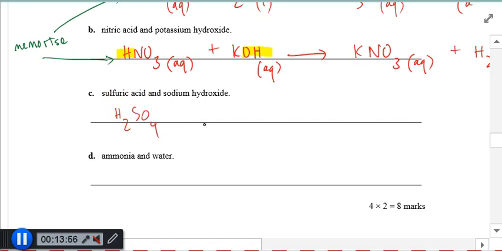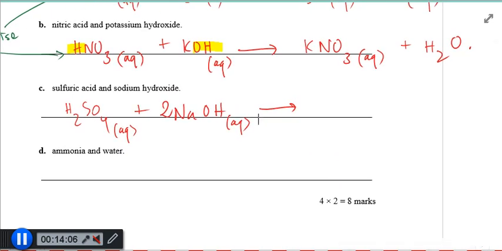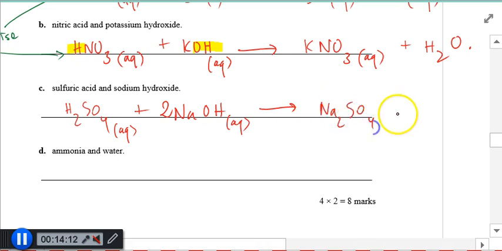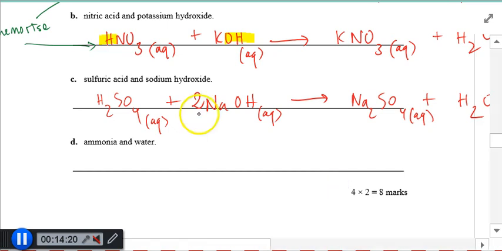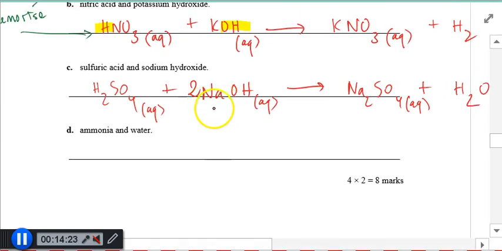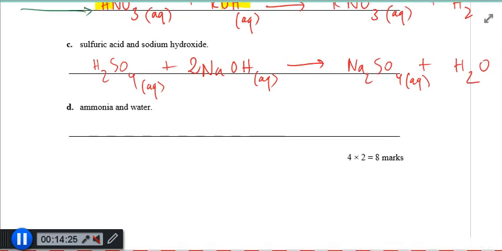Okay, H2SO4, a diprotic acid, and sodium hydroxide, a base that can only receive 1 proton, so you can straight away predict that you'll need 2 of them. Na2SO4 plus H2O. So again, an acid and a base produce a salt and water, and it all checks out. 2 protons, so 2 equivalents of sodium hydroxide required.